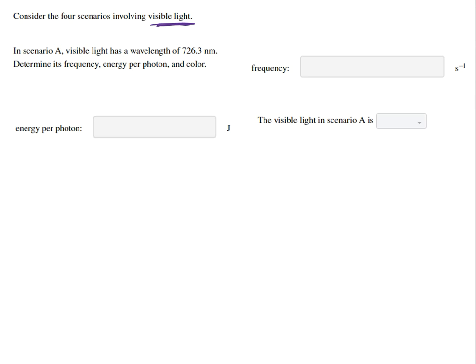And so keep in mind, because we are looking at a relationship between frequency and wavelength, that indicates which equation we should be using. And that's going to be the c equals lambda nu equation. So remember, c is the speed of light, lambda is our wavelength, and nu is the frequency.